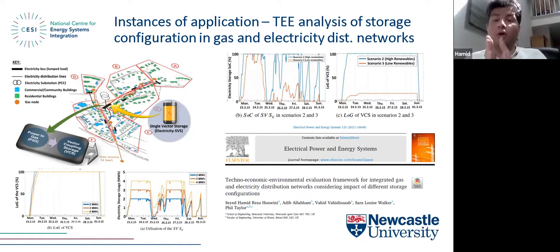And also, if we have different sizes of gas storage, or this is for example for electricity storage, this is for gas storage, what's the impact on the techno-economic environmental evaluation? And also if we have some scenarios around high renewables or low renewables. So basically this is another instance of application of this framework.